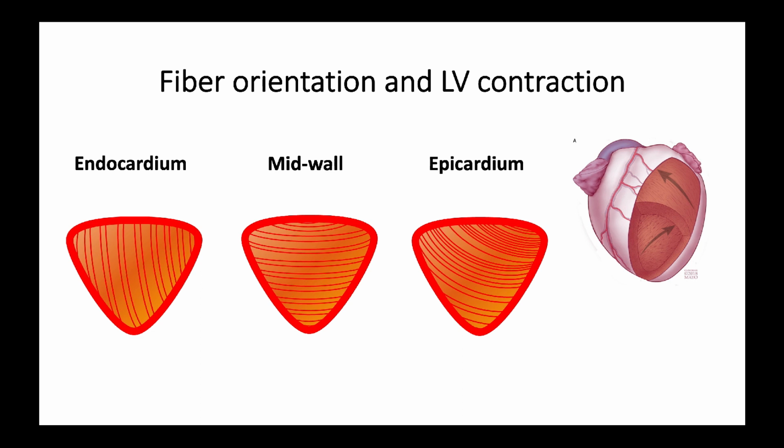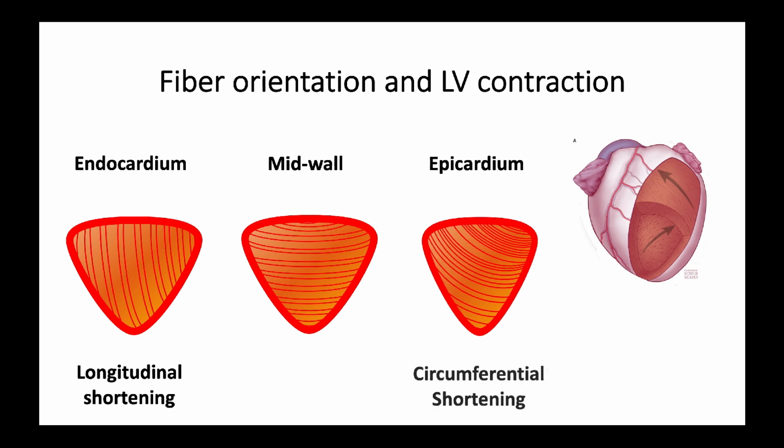The contraction of the longitudinally directed endocardial fibers will pull on the myocardium in a vertical manner and will lead to longitudinal shortening. The contraction of the obliquely directed epicardial fibers will pull on the myocardium from the sides in a circular manner and will lead to circumferential shortening.